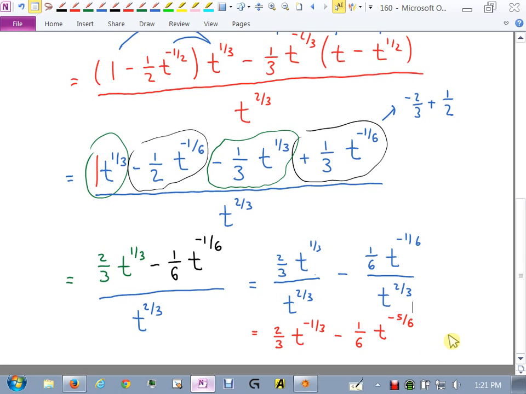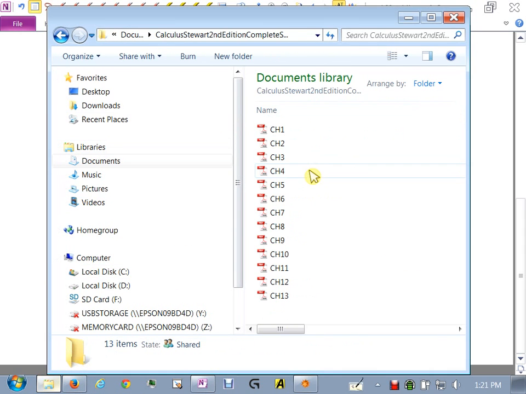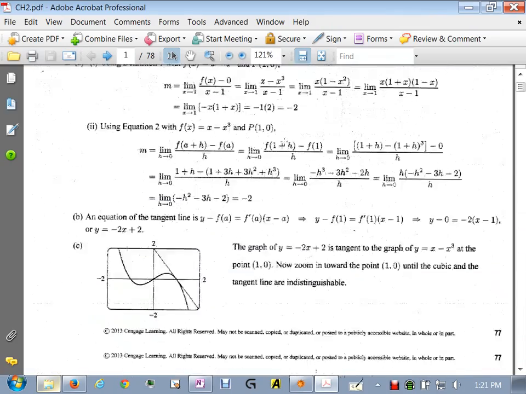Is that the answer in the back of the book, or did they drop them down? Oh, was this an even? This is an even? I feel pretty good about it, but let's just make sure there wasn't a mistake. What chapter is this?